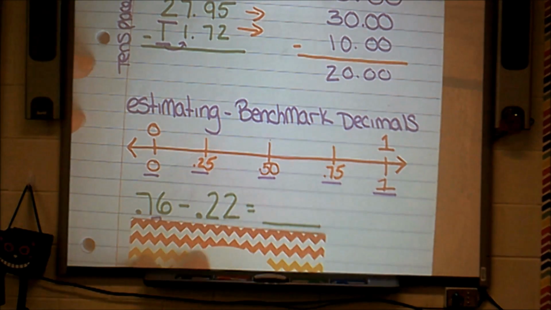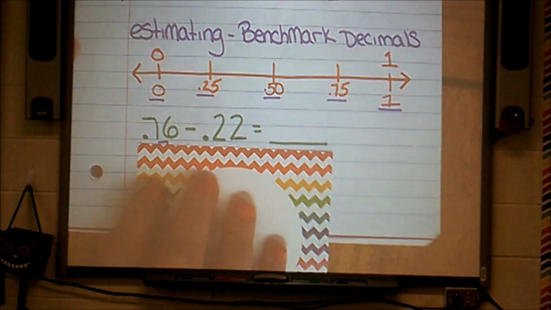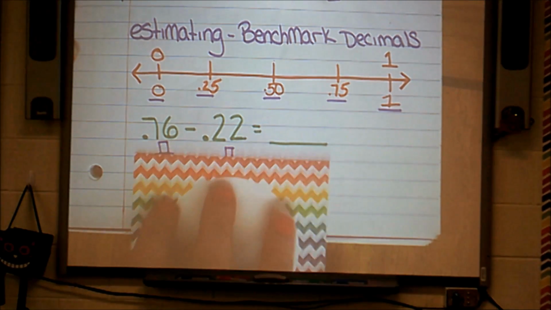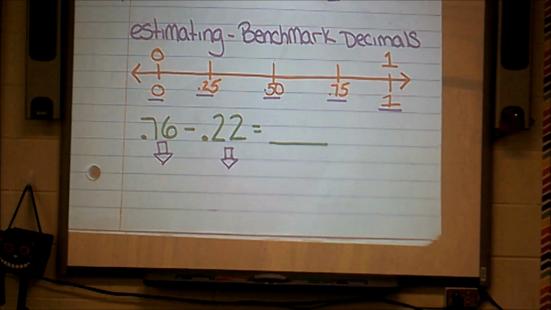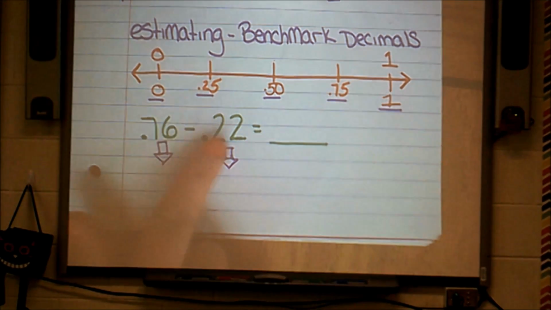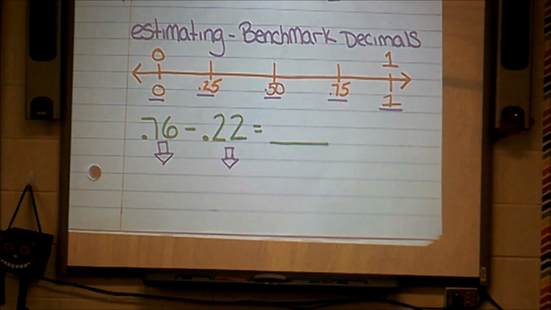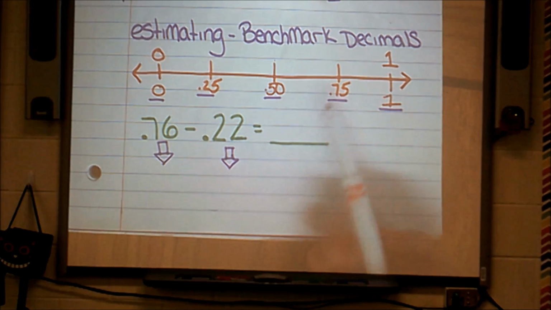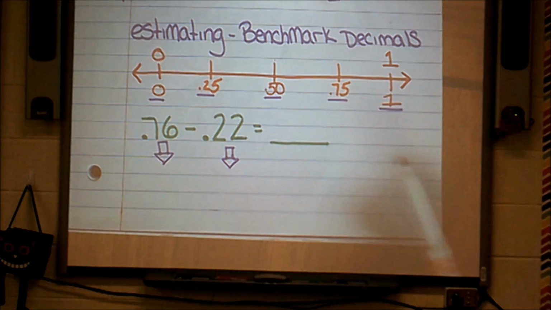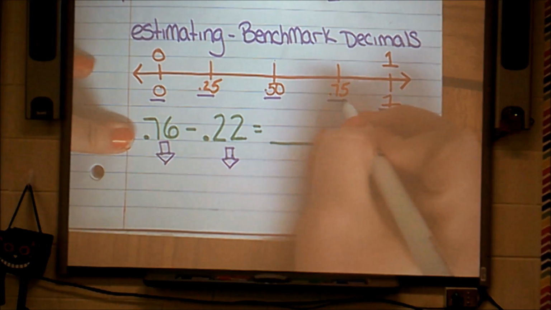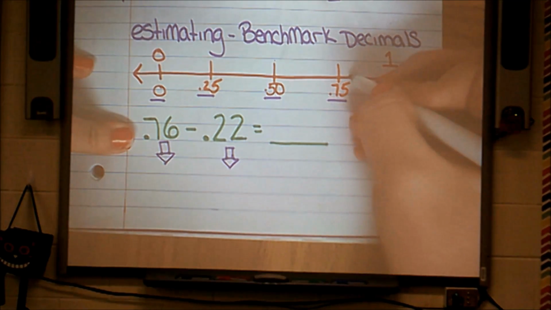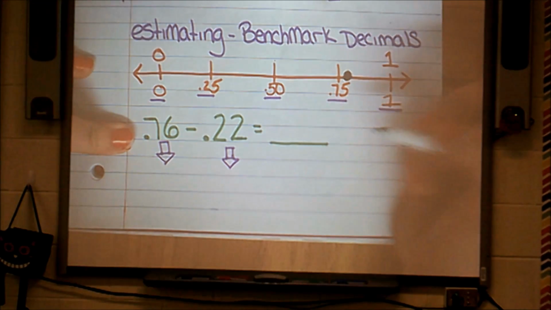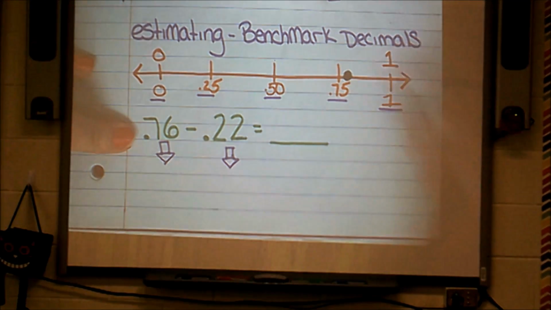So let's look. With this problem, 76 hundredths minus 22 hundredths. The first thing I want to do is locate both of these numbers on my number line. 76 hundredths. Well, you know 76 is more than 25 hundredths. It's more than 50 hundredths. It's even more than 75 hundredths. It's not more than 1. On my number line, 76 hundredths is just a little bit bigger than my 75. So I'm going to put a big old dot right around there to represent my 76 hundredths.